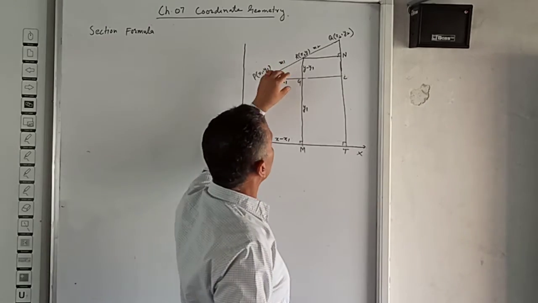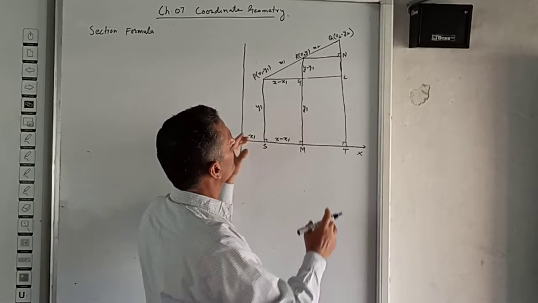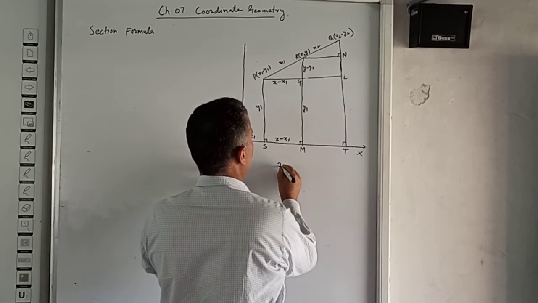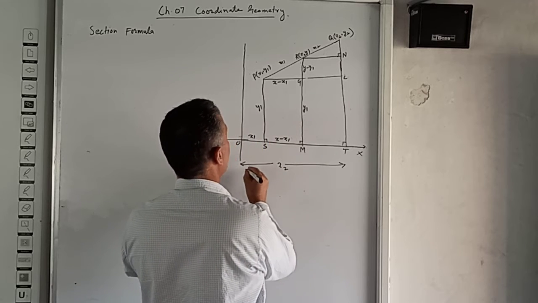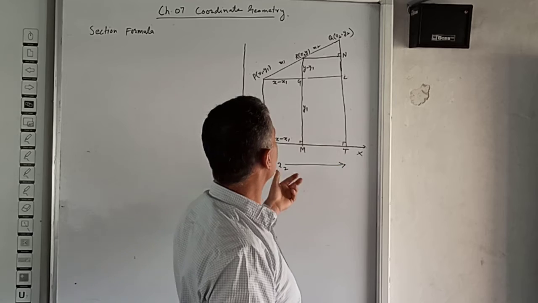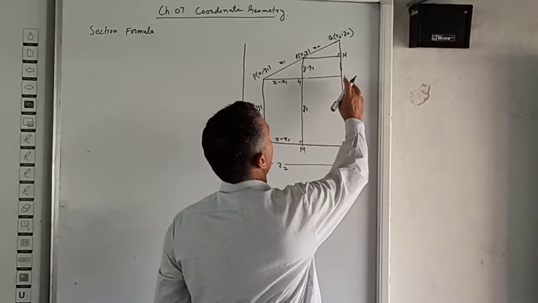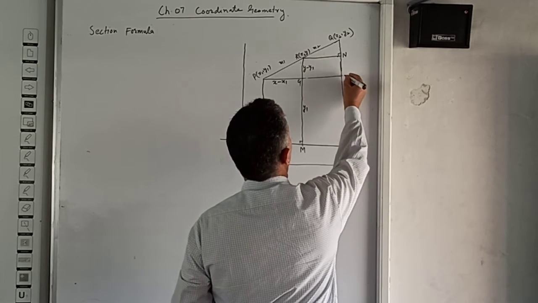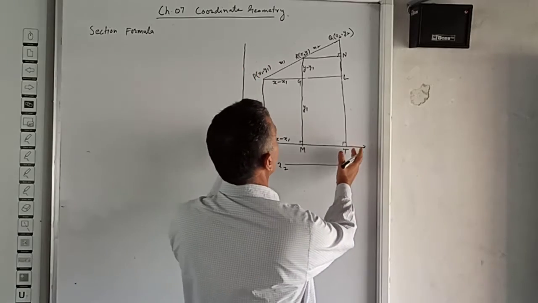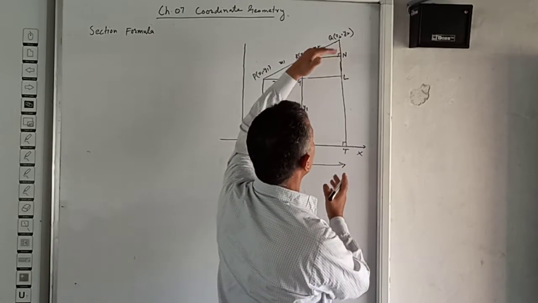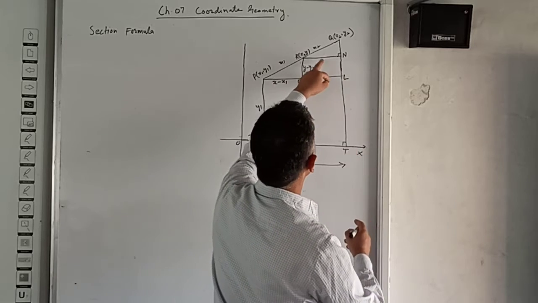Now you find this. What is OT? OT distance is x2, from O to T. This is y2, this is y1, and this is y.